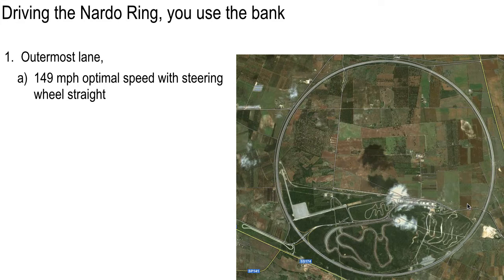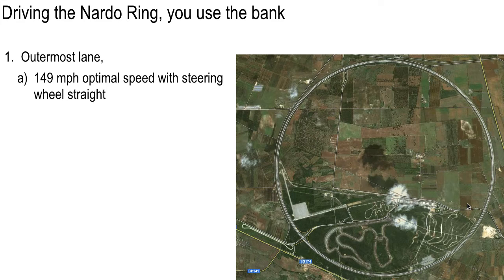And if you drive at that speed, you don't actually have to turn the steering wheel left or right. You'll stay on it if you stay at the speed. Now if you change your speed up or down below 149, then yeah, you'll have to do a little steering. I mean, you still stay on the track, but it's not as efficient.